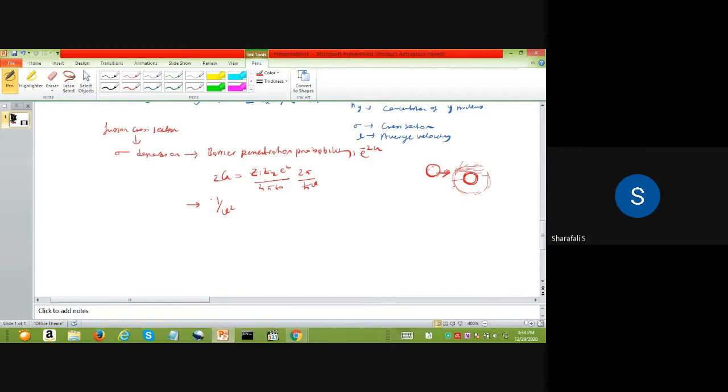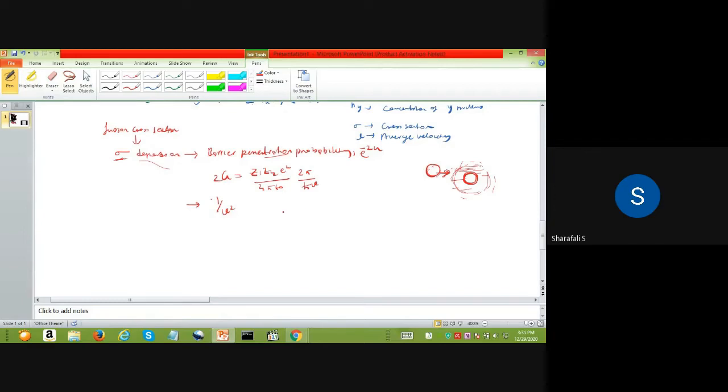If it depends on the penetration probability, that means the potential barrier is there. So sigma depends on the potential barrier crossing probability. If that probability is high, then the cross section is larger, which means fusion can happen.